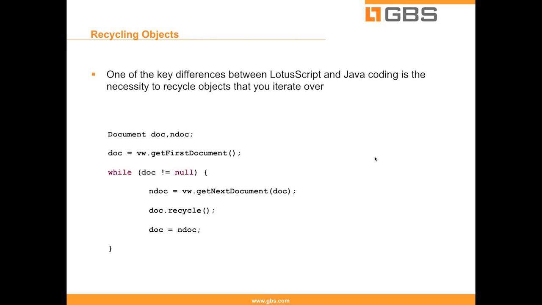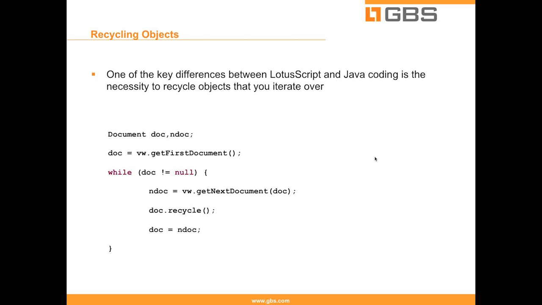It's not too grossly inefficient. If we utilize that exact same code in Java, where doc is equal to view get next document doc, we would actually support something called shadowing, which means that at the end of the get next document statement, I would actually have 2 documents in memory.